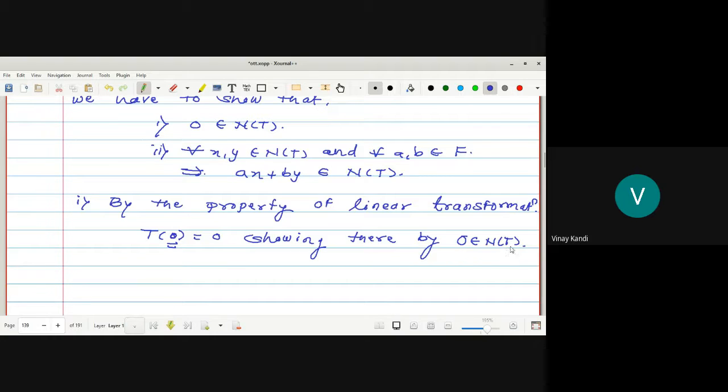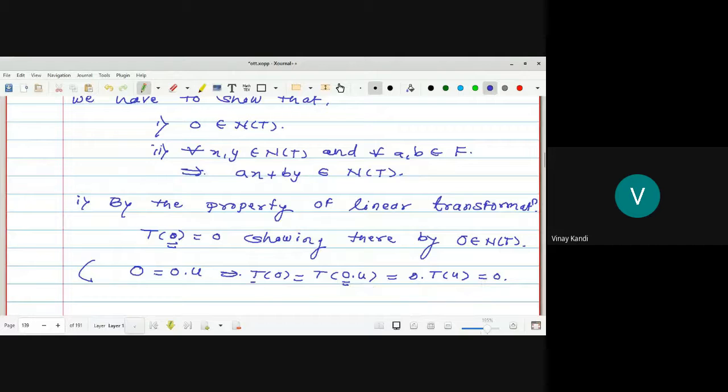Why? Write down in the bracket: 0 is equal to 0 times u, where u belongs to V. So this implies T of 0 is equal to T of 0 times u. By the definition of linear transformation, with 0 as the scalar, this is 0 times T of u, which is equal to 0.